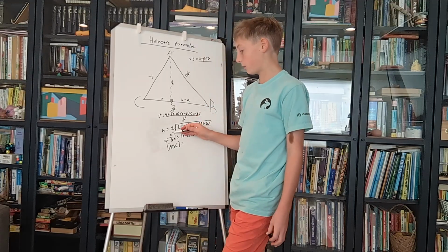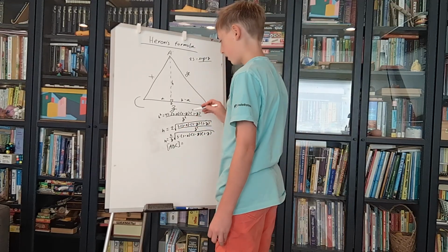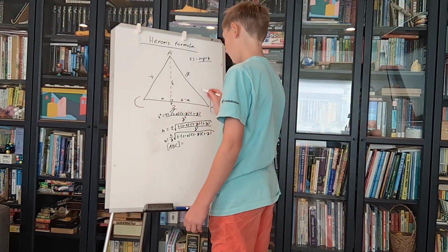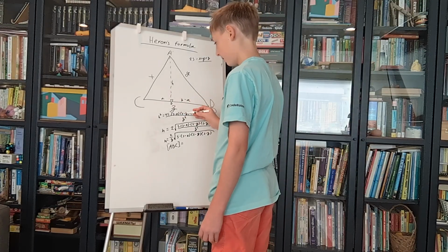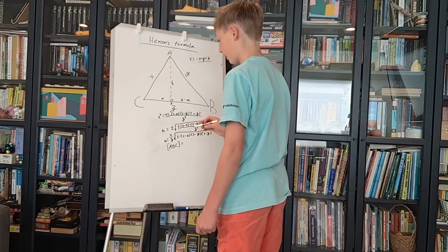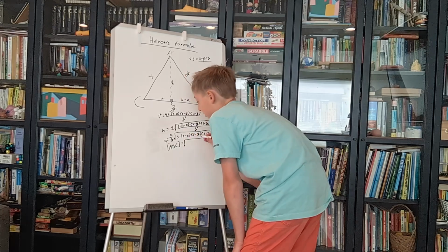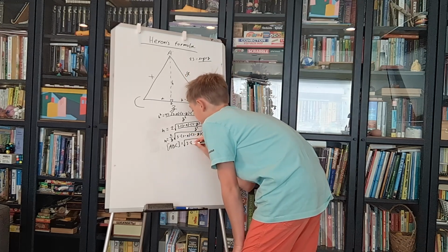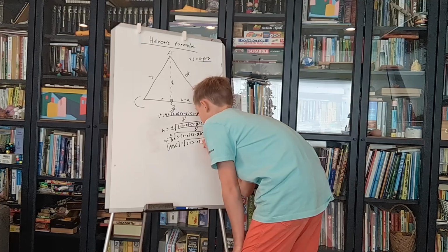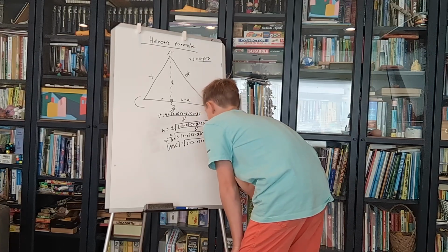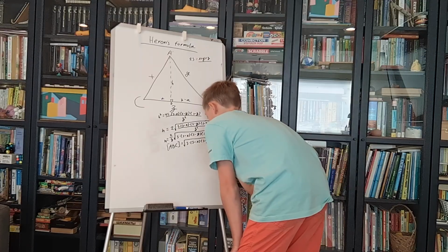And we already have a 2 up top, so it's 1/2, and the 2's cancel out. And then because CB is z, which is the base, the z and the 1 over z cancel out. So we are just left with s times s minus x times s minus y times s minus c.